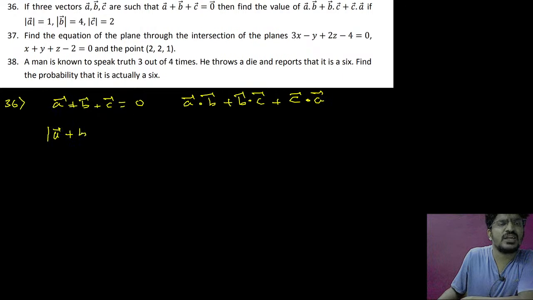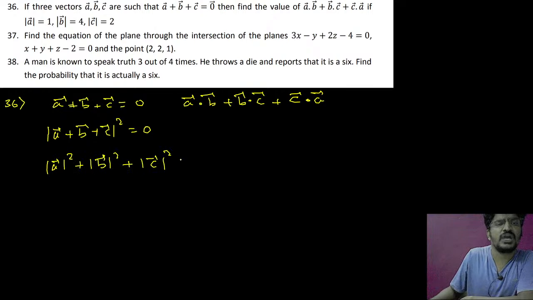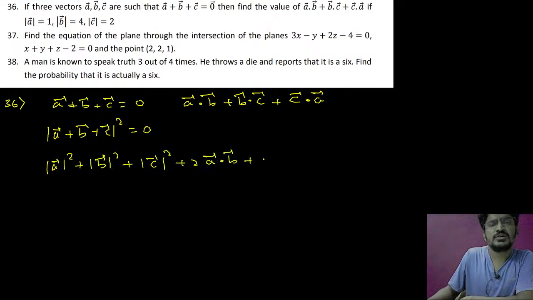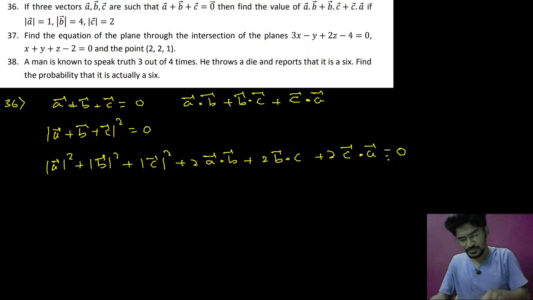That will be (vector A plus vector B plus vector C) square equal to 0. That is mod A square plus mod B square plus mod C square plus 2 times of A dot B plus 2 times of B dot C plus 2 times of C dot A equal to 0.